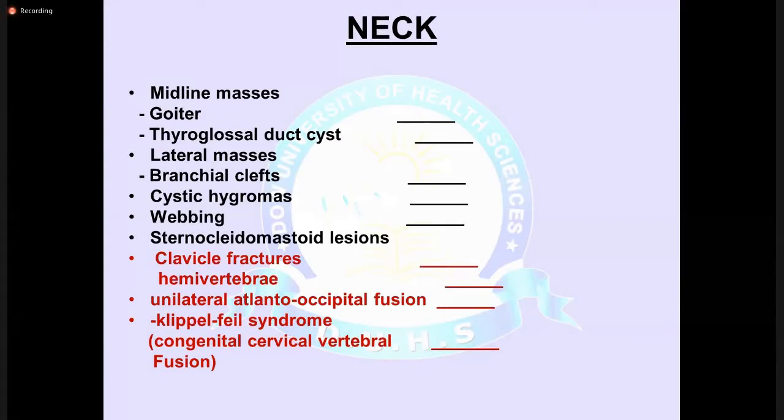Here the neck seems to be short, or any congenital cervical vertebra fusion, if you find it. So, a thorough examination of the neck. After the examination of the face and the skull, you should do the examination of the neck.